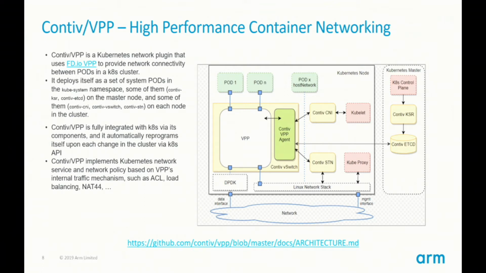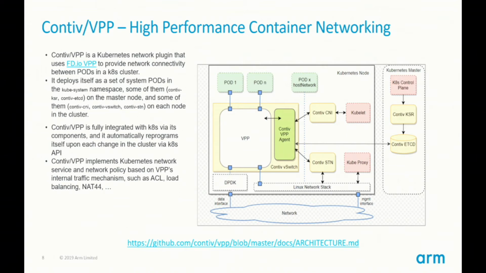For the data plane, we have the Contiv vSwitch. Contiv vSwitch contains the VPP vSwitch in the container, and there is a Contiv VPP agent to do the configuration for the VPP and get the configuration from the Contiv CNI.